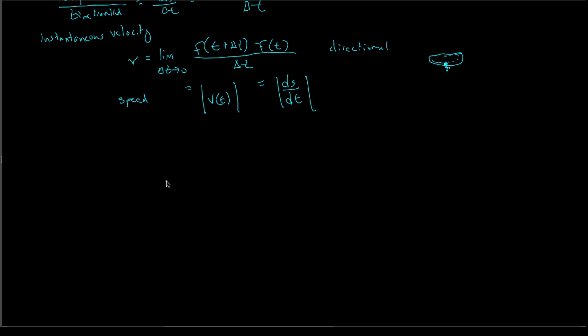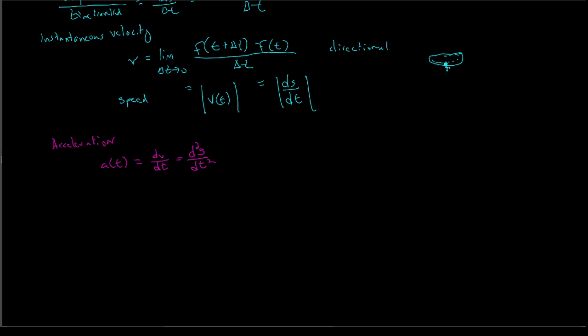So we can have acceleration, which is a change in velocity with respect to time. So the acceleration of an object is the change of its velocities over time, which is equivalent to the second derivative of its position with respect to time.